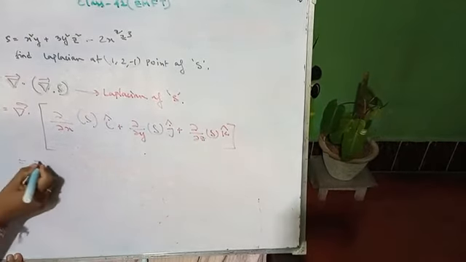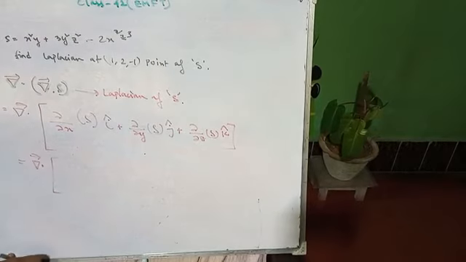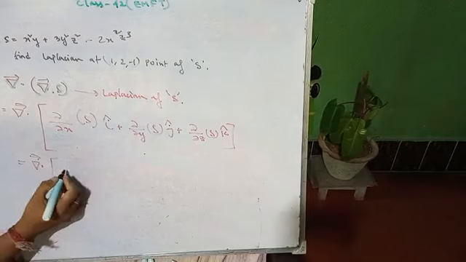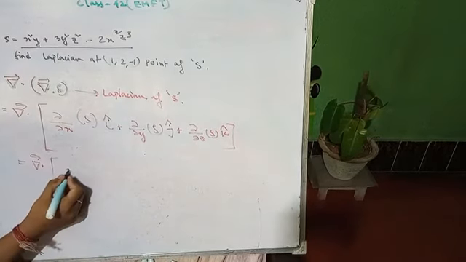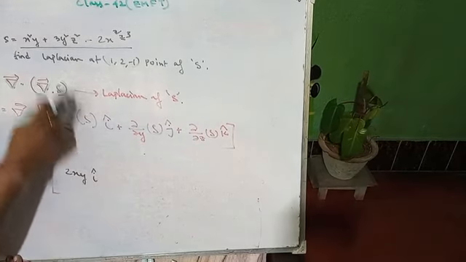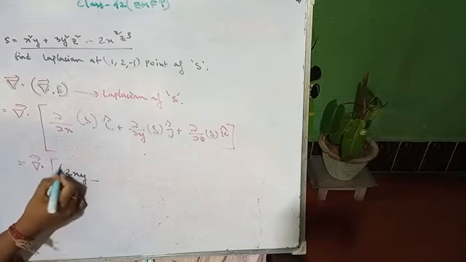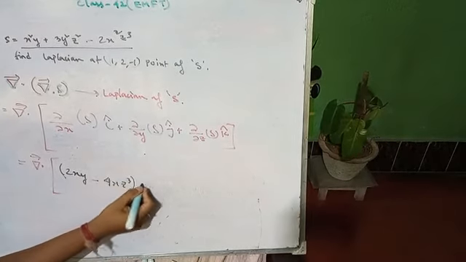So you have to differentiate partially with respect to x first. If we take del del x, for x square y it will be 2xy i cap, minus 4xz cube i cap.